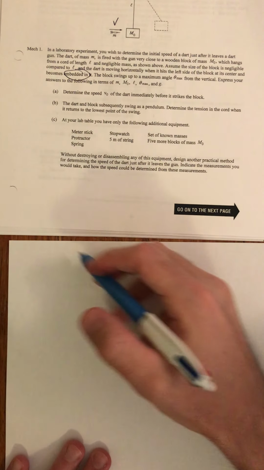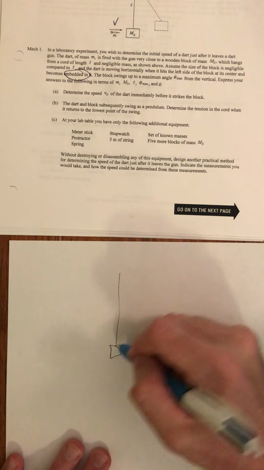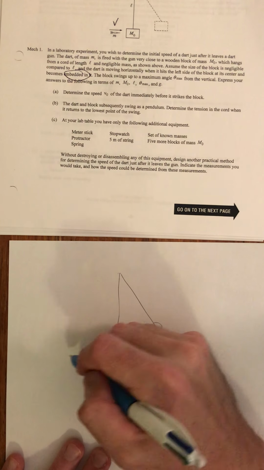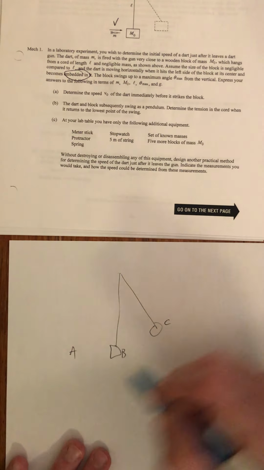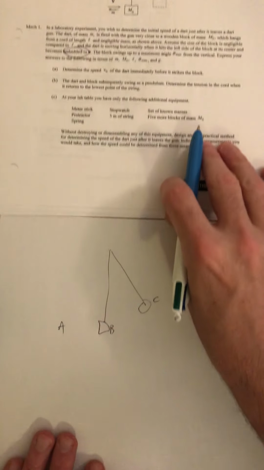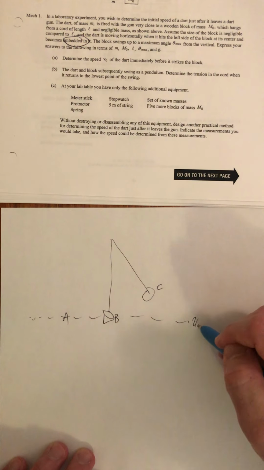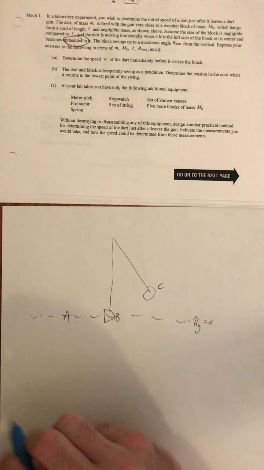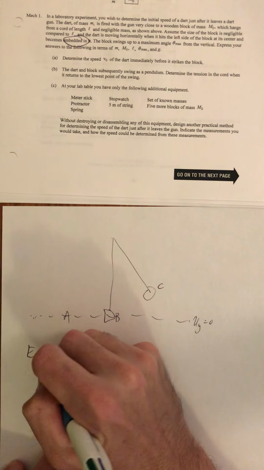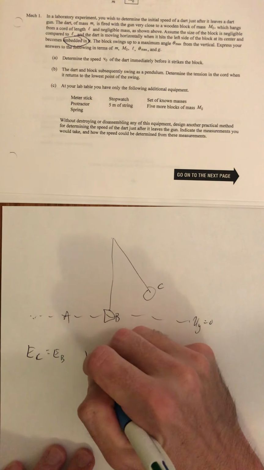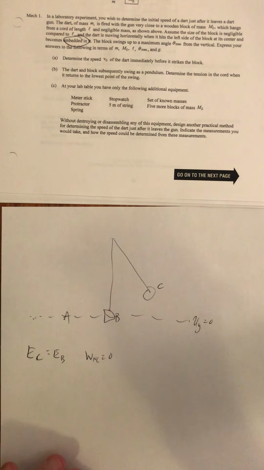So I'm going to do this in two stages. We're going to go from A to B to C, so we're going to work backwards here and do the energy problem first. This is my U_G equals 0 line. From energy at C equals the energy at B, work non-conservative is equal to 0. That thing comes to rest.